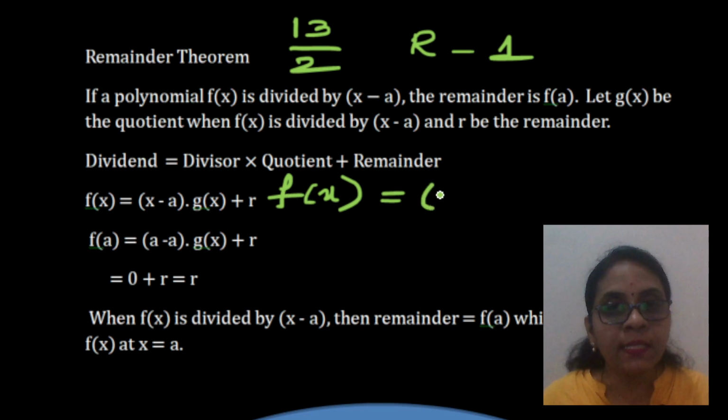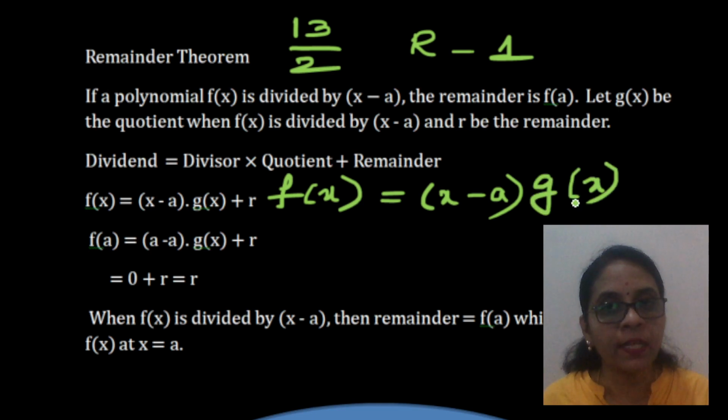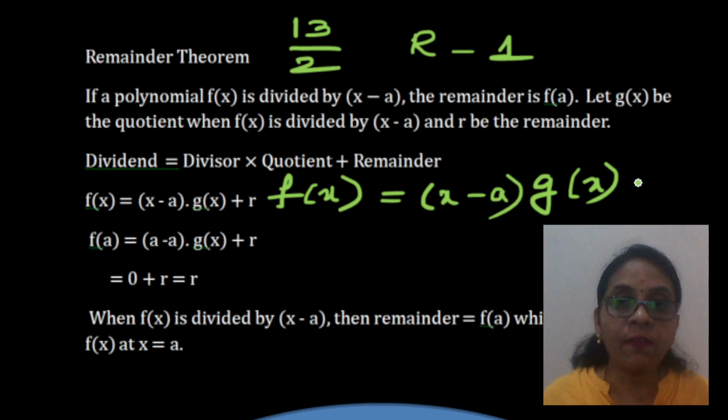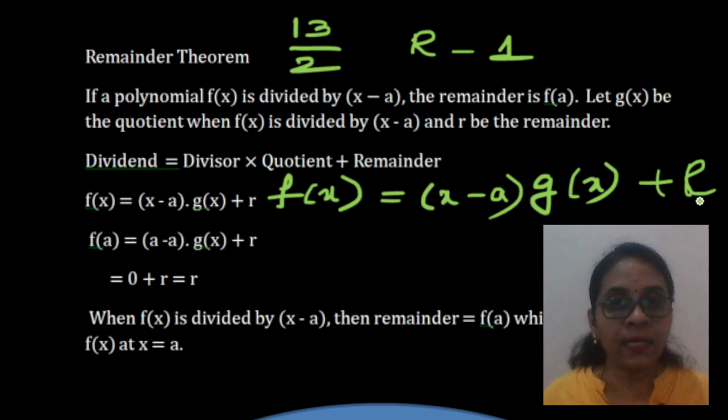Your divisor is x minus a. And when I divide a polynomial with another expression, it is understood that you get a polynomial again. So that polynomial we assume it as g of x, and since it is not completely divisible, there will be a remainder and that remainder is r. Is that clear?